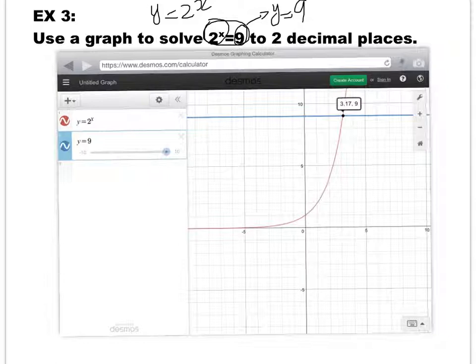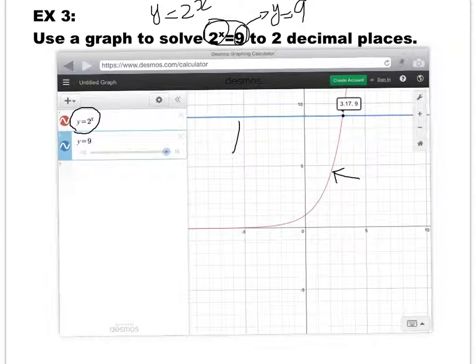Here I have y equal 2 exponent x, which is this graph, and y equal to 9, which is a linear equation.